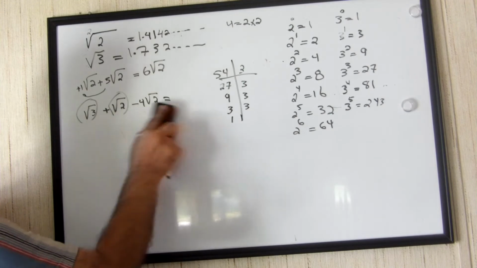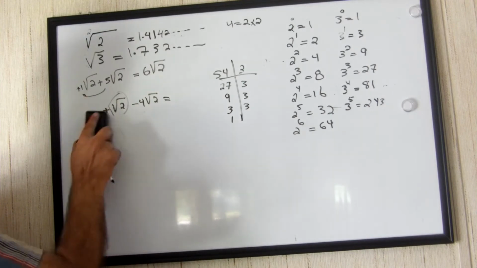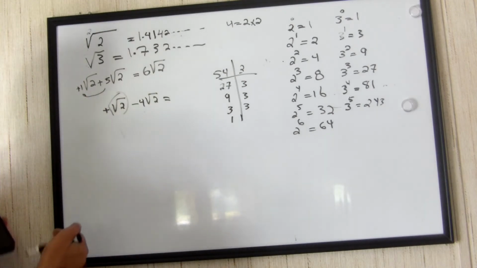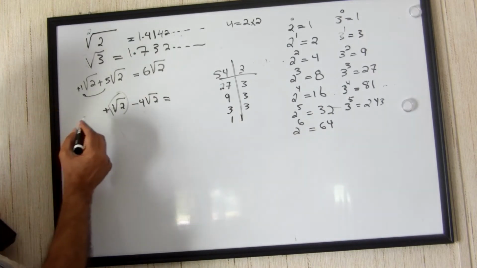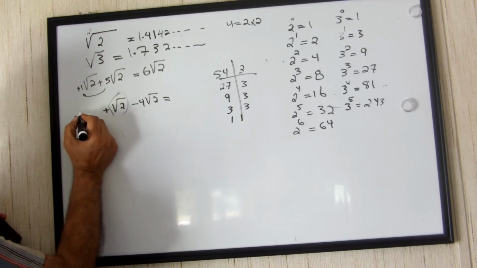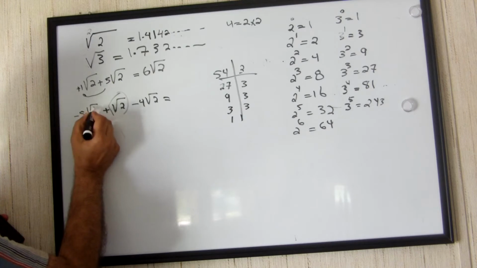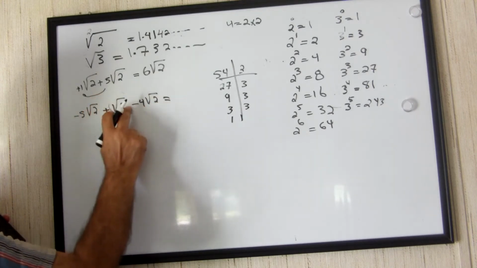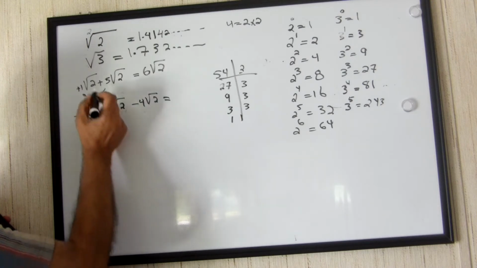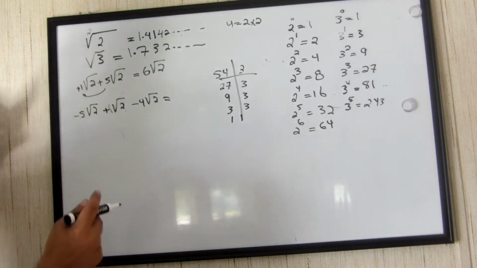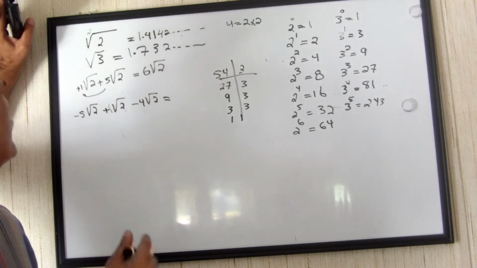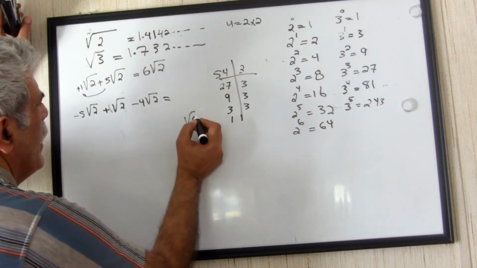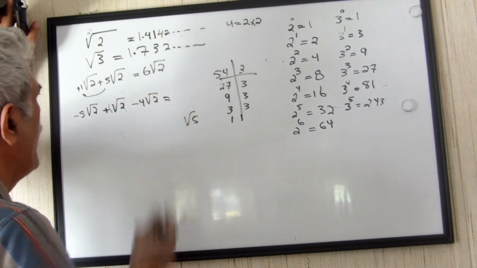So let's talk about this. If we add this together, we write minus 5 square root of 2. You can add all these because these are all apples, for example. This square root of 3 is like a banana or something else. A square root of 5 is a pineapple, for example.